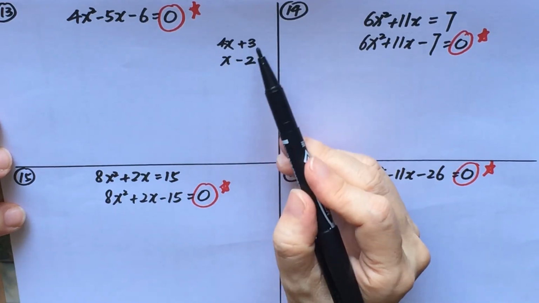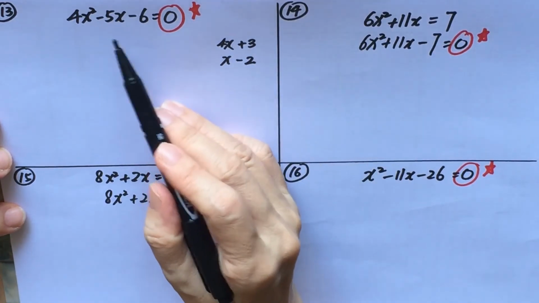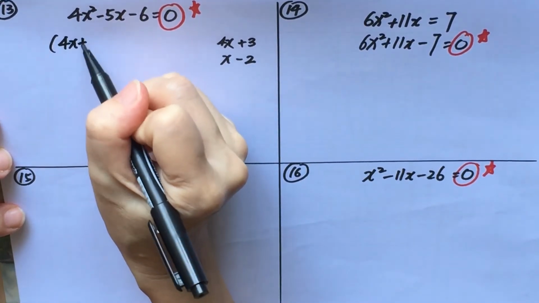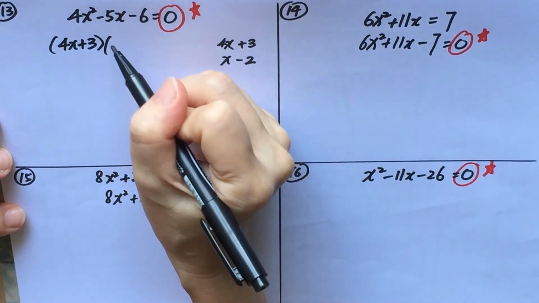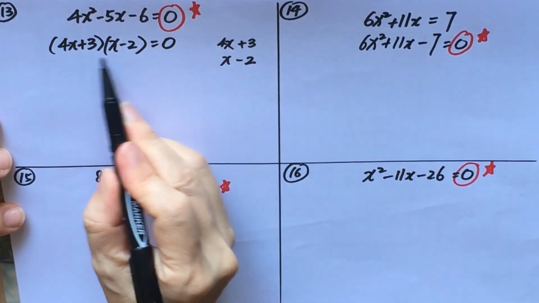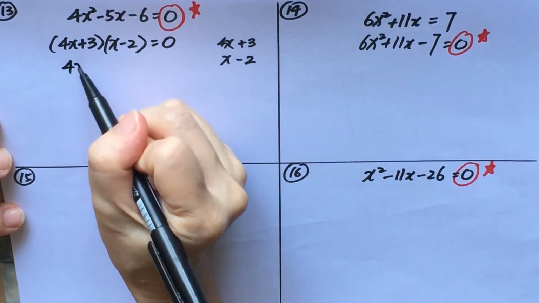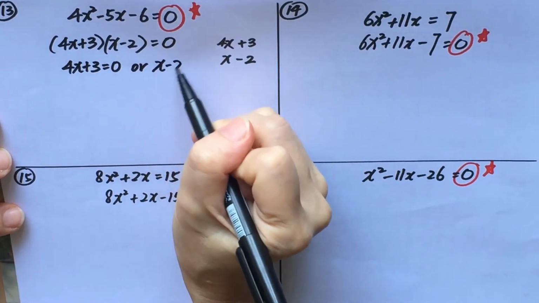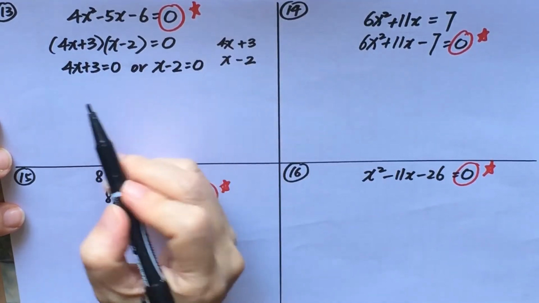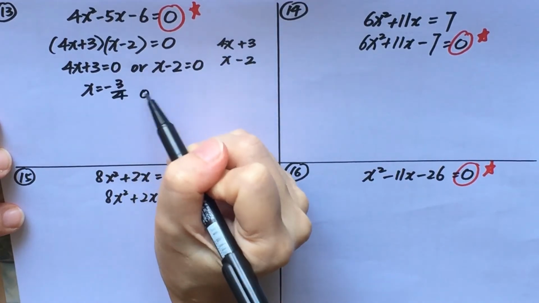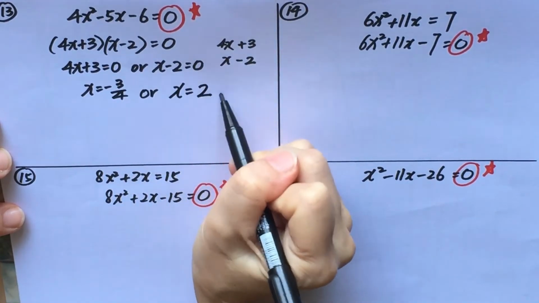So negative 8x plus 3x, so that will be negative 5x. So I can factorize this to be 4x plus 3 times x minus 2 equals to 0. So these two factors multiply equals to 0. So 4x plus 3 is 0, or x minus 2 is 0. So now factor law. Okay, so x is equals to negative 3/4, or x equals to 2.